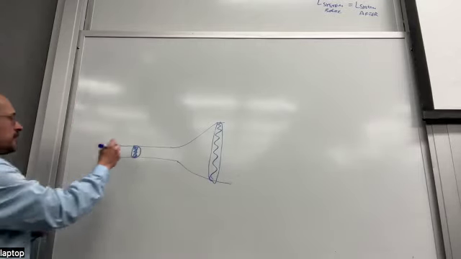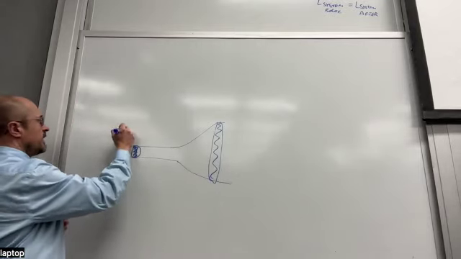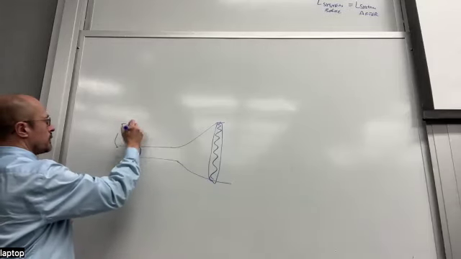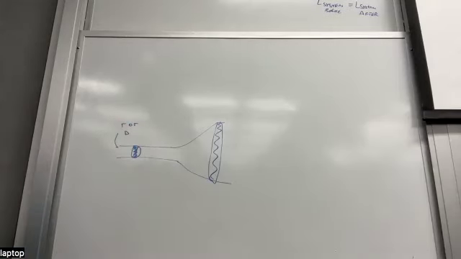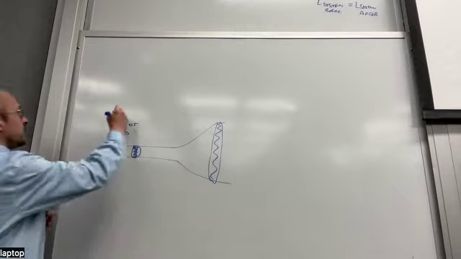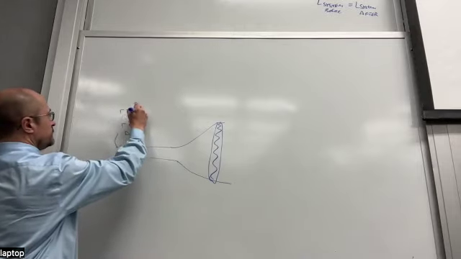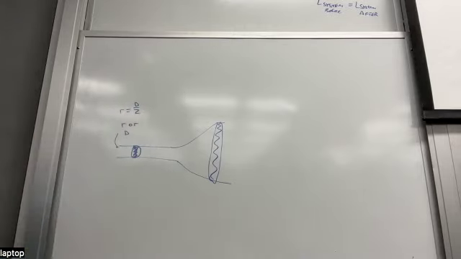Depending on if they give you R or D, the radius or the diameter, remember that the radius is D over 2 if they give you diameter. Remember, that's important, otherwise you'd be off by a factor of 4.